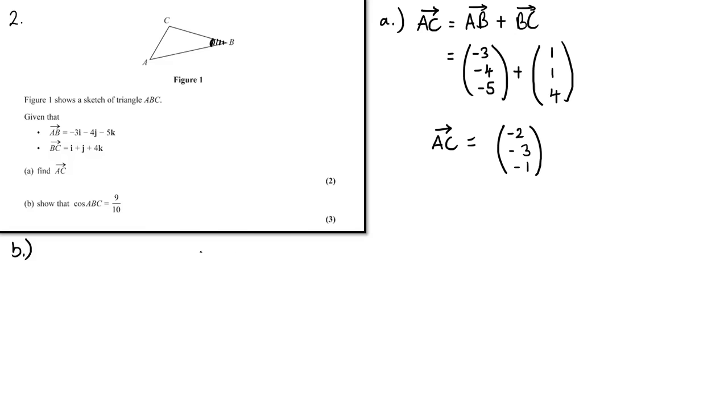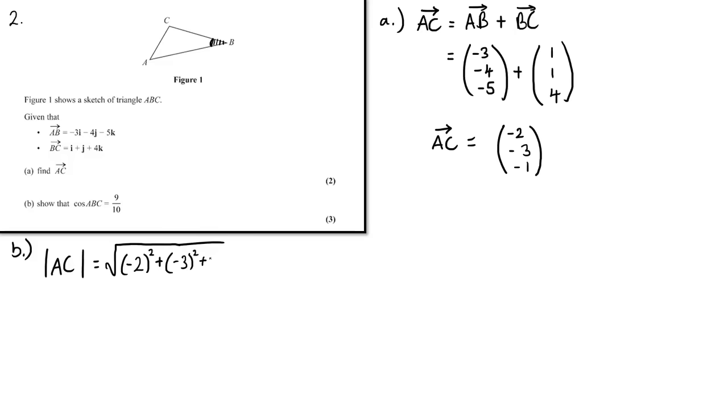So how do we do this? Well, to start with, let's actually work out the lengths here. If we start with AC, the magnitude of that vector is equal to the square root of minus 2 squared plus minus 3 squared plus minus 1 squared.